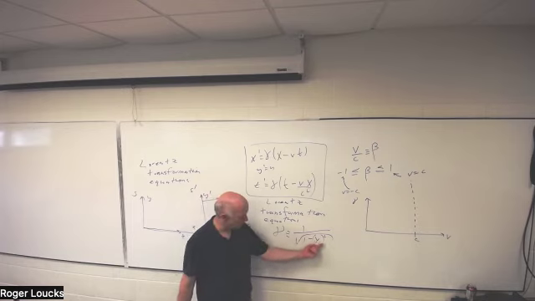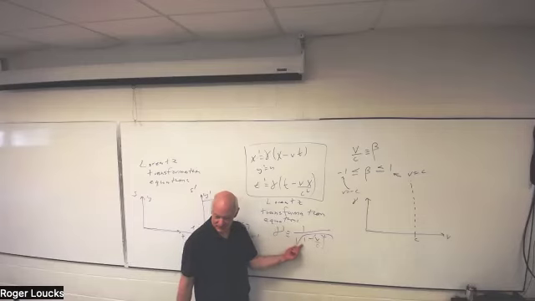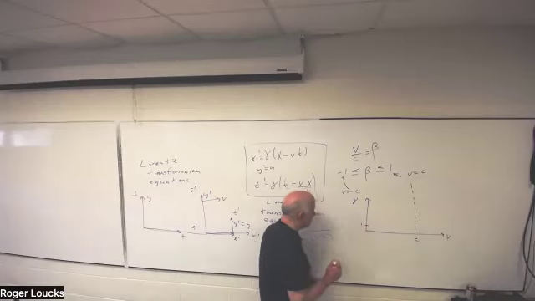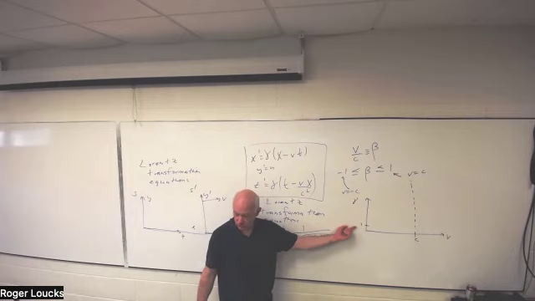Around 1. If the velocity is 0, which you can have, then I have 1 minus 0, that's just 1, square root of 1 is 1, 1 over 1 is 1. So the smallest your gamma can be is 1.